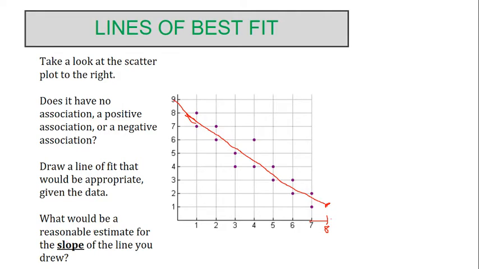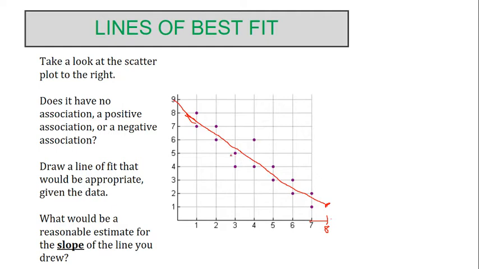So we can talk about what I think the slope of the line is, or the y-intercept. If I want to estimate the slope of my line, I'm going to try to find points on the line that come as close to these grid marks as possible, and then use that to estimate.